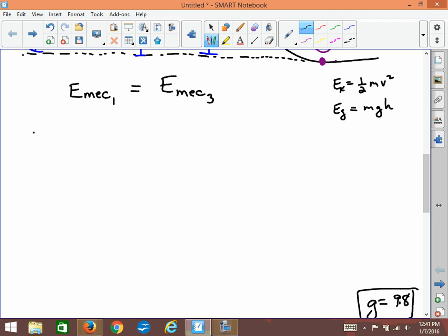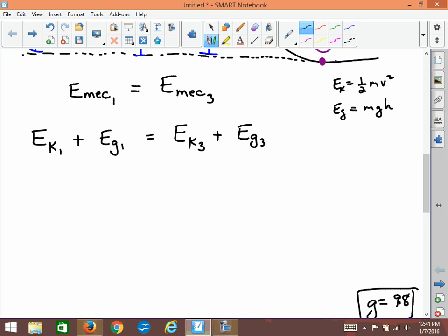And the next part is the same. The kinetic energy at position 1 plus the gravitational potential at position 1 will tell me what the mechanical energy is. And the kinetic energy at position 3 and the EG at position 3 is the mechanical energy of position 3. So far we don't even have to know anything.